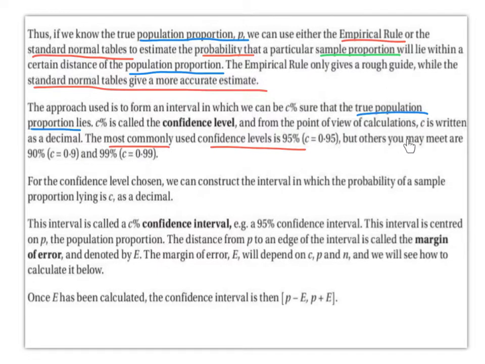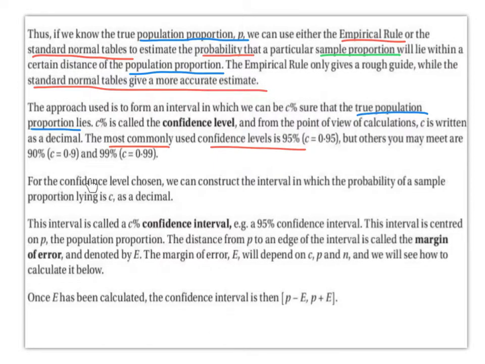But others you may meet are 90%, so C is equal to 0.9, and 99%, so C is equal to 0.99. For example, I may say I am 99% confident that P, the true population proportion, lies between maybe 20% and 30%.